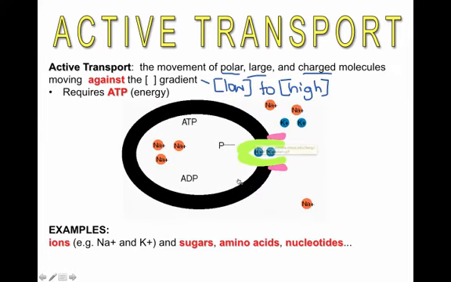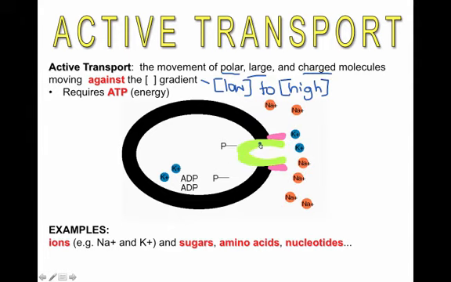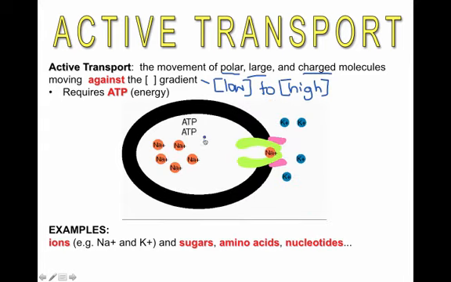So as you can see in this animation, here's a cell membrane and here is a protein channel or a protein carrier that is going to move these sodium ions and these potassium ions. Let's reset to the beginning. Here we have ATP and sodium within the cell.